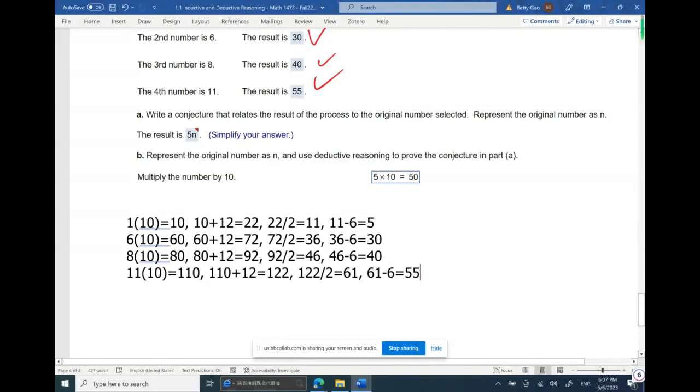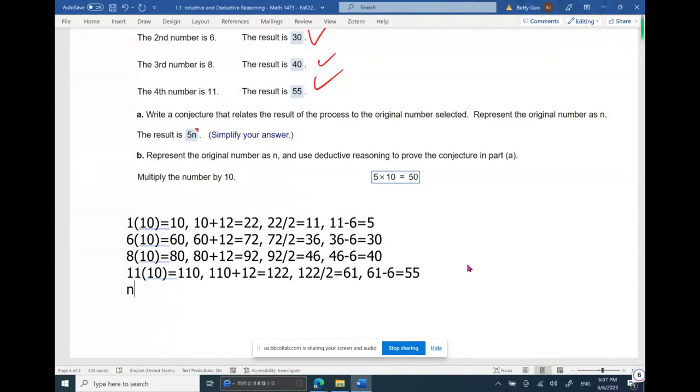Now we have 4 numbers, and we are going to use n to represent any natural number here. So we have 1, 6, 8, 11, 4 cases. And then we are going from specific to general.